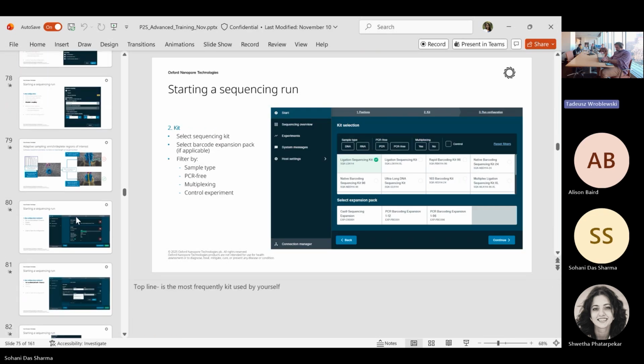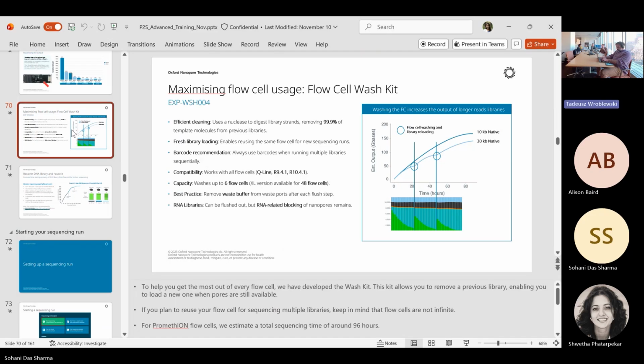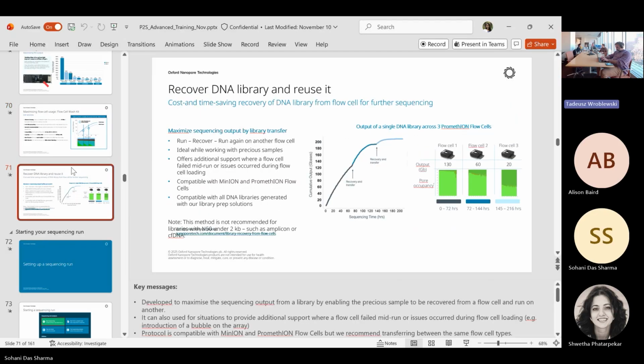Could you speak briefly to whether we can wash the cells that are running currently, put them back in the fridge and reuse them later, or are they done after this? Yes, you can do that. There is a wash and reload kit. You can always wash it, and the protocol has a recommendation on how to store it, in a buffer.